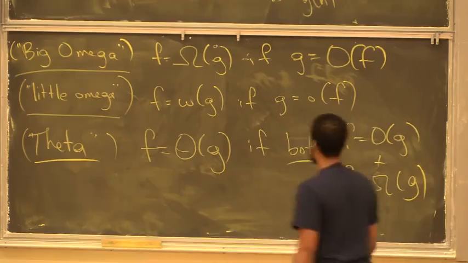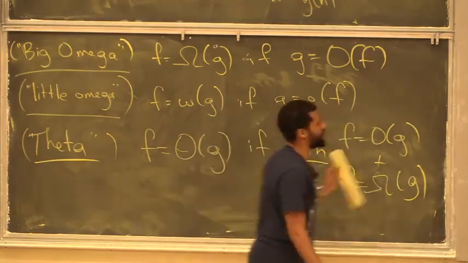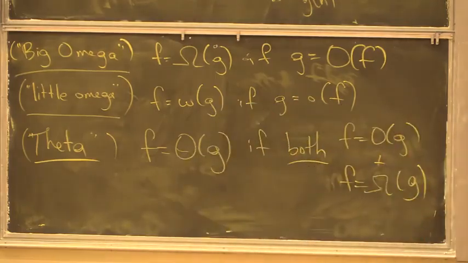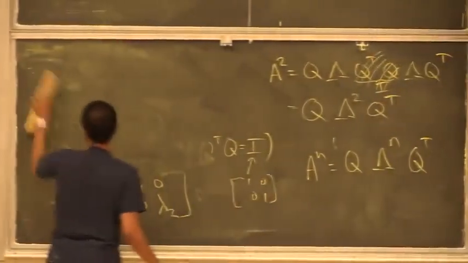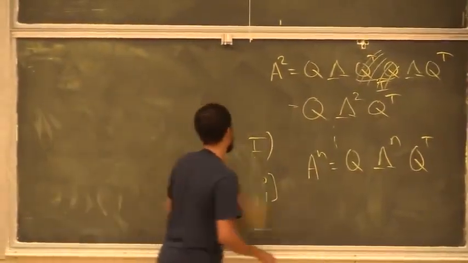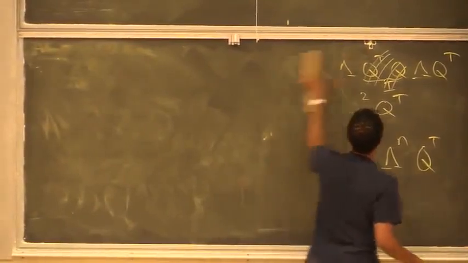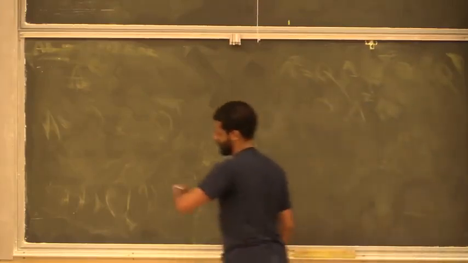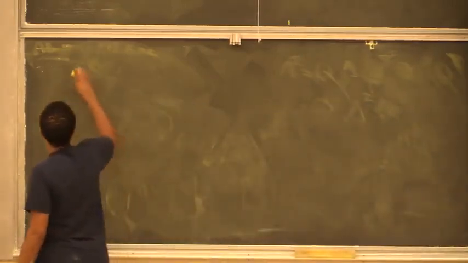So I'm going to do a few examples, but before I do that, I want to write down kind of a little chart to help you have an analogy in mind for what these things mean. So, analogies.